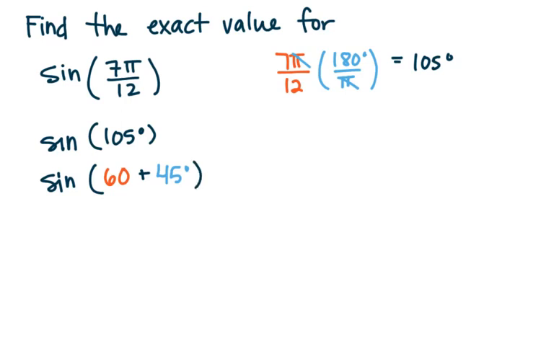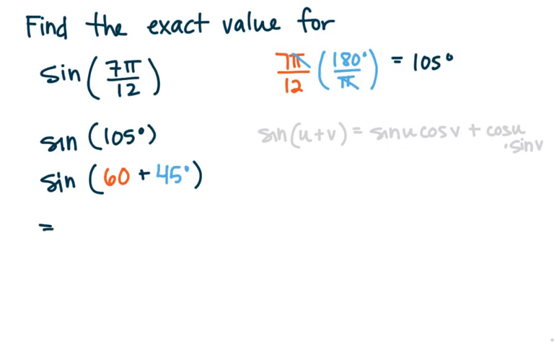All right, so now we have this sine of the sum of two arguments. Or rather, our argument is a sum. And we know our sine sum identity. Sine of u plus v equals sine u cosine v plus cosine u, running out of space, times sine of v.